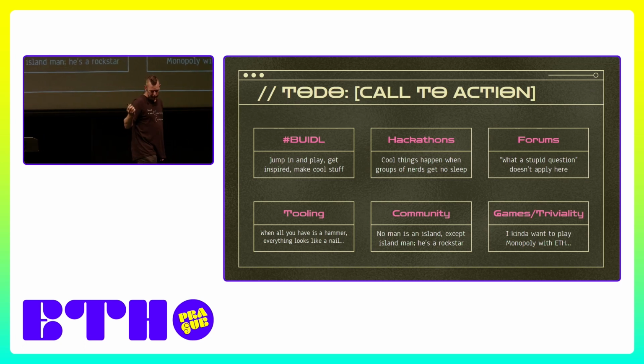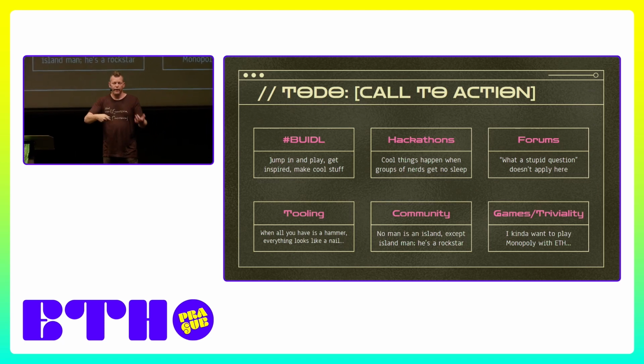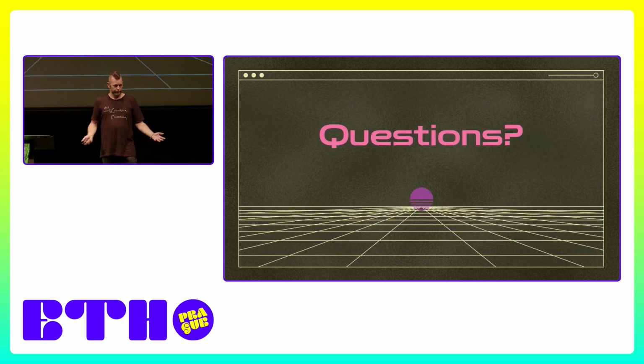Implement the rock paper scissors. You know, try weird things. Make toys. That's how you learn things. That's how you have fun. That's how you get other people to engage. So if you're a Solidity developer, if you have any interest in ZK Rollups, it's not even about the privacy necessarily, but the ability to massively scale Ethereum, I'd say join. Try. So, questions?